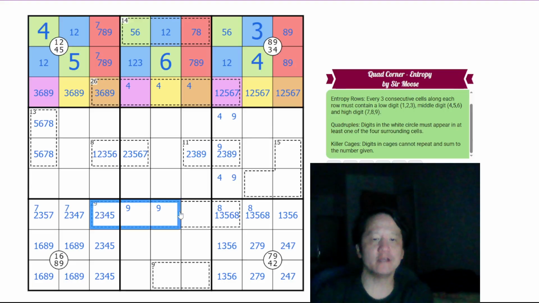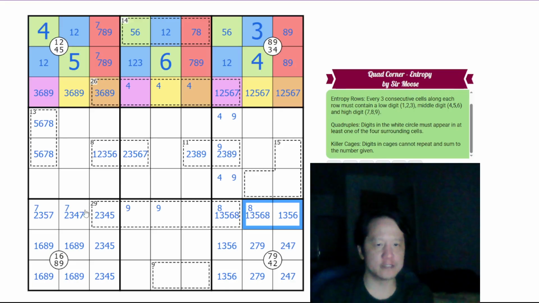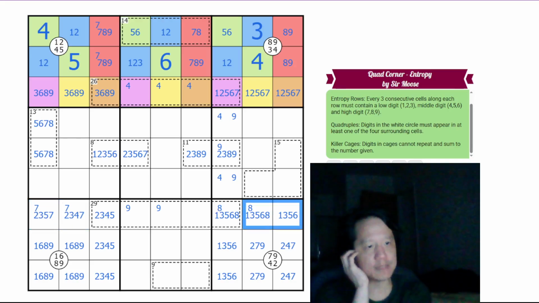So the remaining 4 digits in this row must add up to 45, which is the digits 1 through 9 added up, minus 29. So that's 16. So we are guaranteed a 7 here, which means 16 minus 7 is 9. So the remaining 3 digits here must add up to 9.